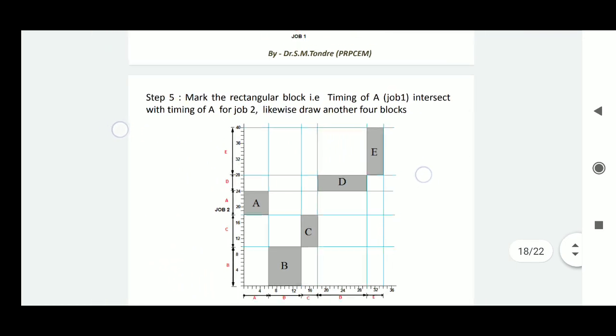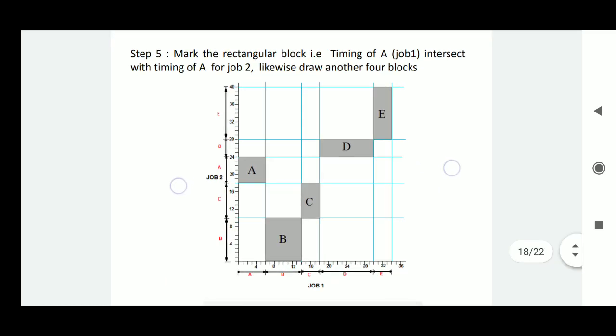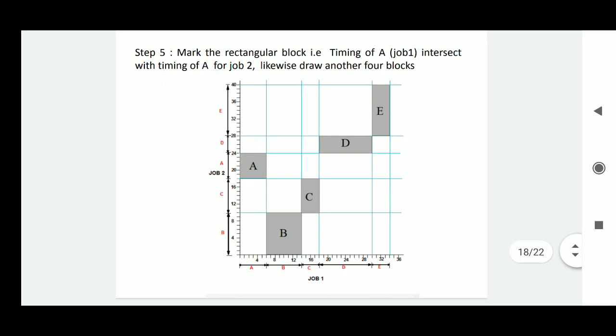Then here you can make a rectangular box. How can we draw that rectangular box? First, see the intersection of the time of A for job 1 with the time of A for job 2.